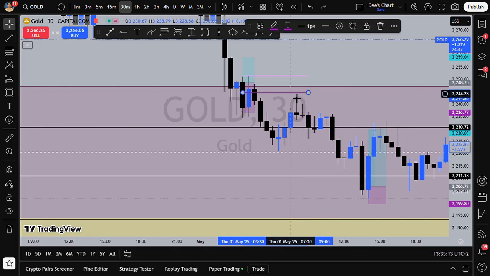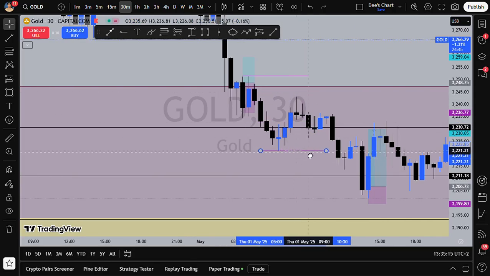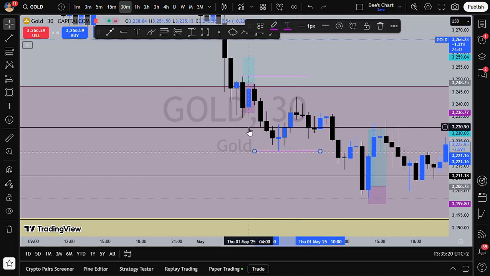Once we swept that daily low, which is this black line, we then have a valid trading range.